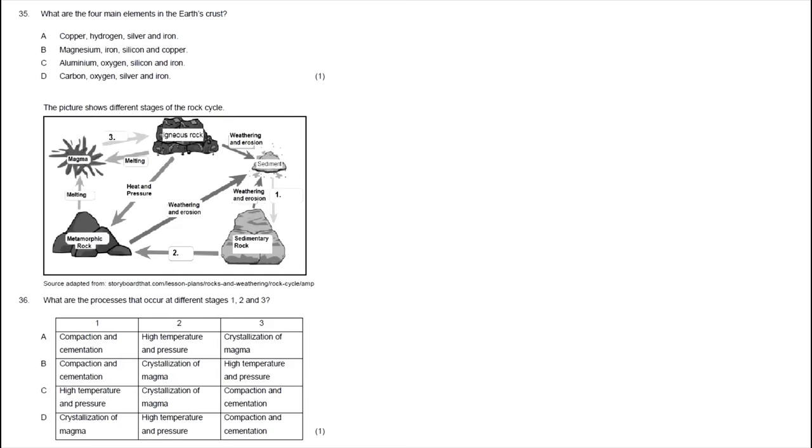So the four main elements in the earth's crust are aluminium, oxygen, silicon, and iron. So the correct answer will be C. And then next, we will move to question 36.